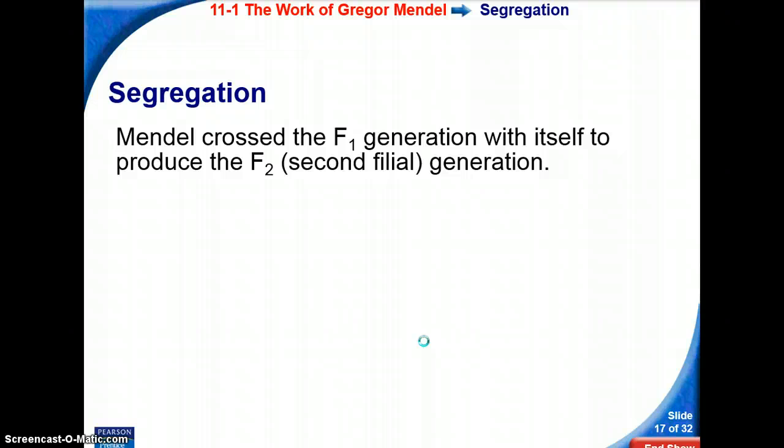He wanted to see, now that he's done the parental generation with the first filial generation, what happens if you take that F1 generation and cross it with itself. So what happens if you take two of those generations and you cross them together to produce the F2 generation?